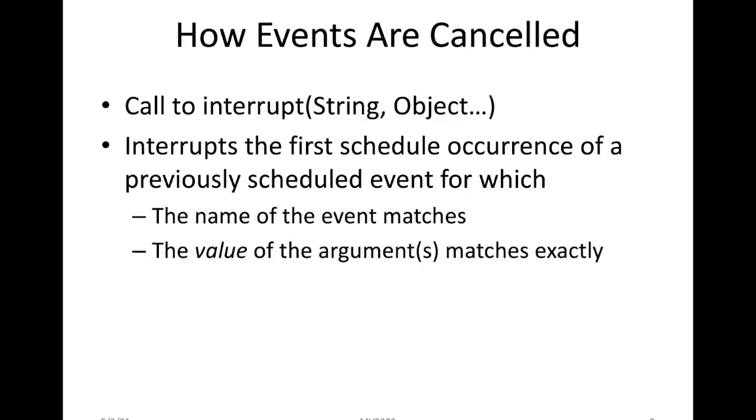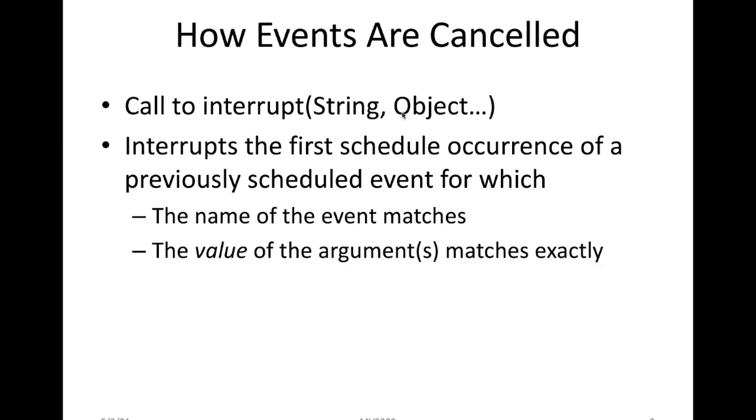Okay, so events are canceled. Now this is a little bit subtle because when you cancel an event, it's a call to interrupt, and the signature of interrupt is string. It always requires a string, and that is the name of the event that you're trying to cancel.